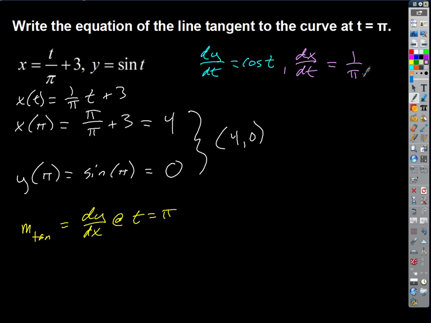Now how am I going to combine those? I've got a dy/dt and a dx/dt. Right? Flip it over, right? Just flip and multiply. Okay? Or if I want to think about it this way, I could also do dy/dt divided by dx/dt. It's the same thing, isn't it? Right?